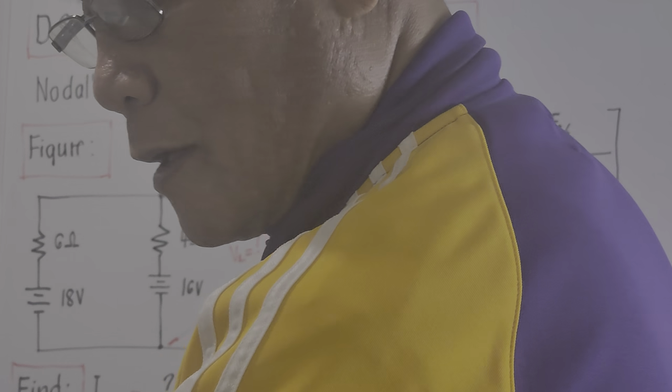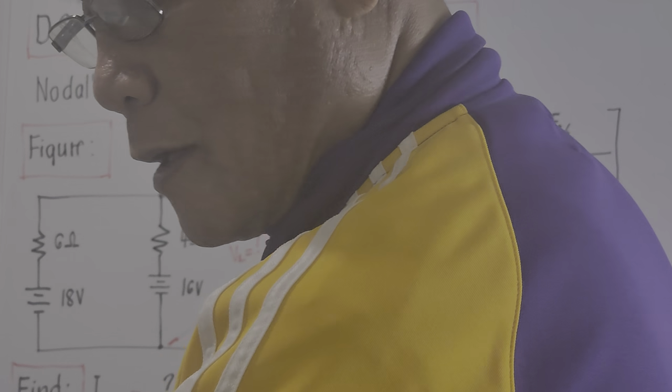The resulting denominator will be the summation of 1 over R1 plus 1 over R2, and the last part will be plus 1 over RL. So this is with the subscripts 2, 1, and the last part here is RL.